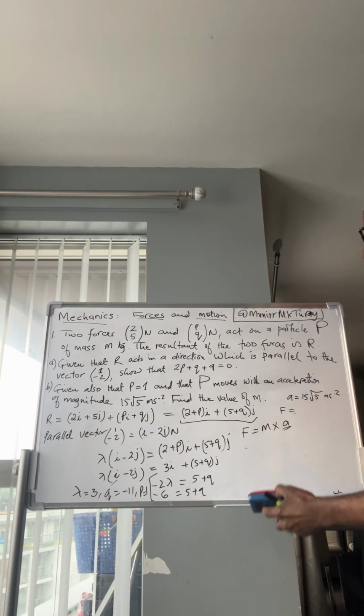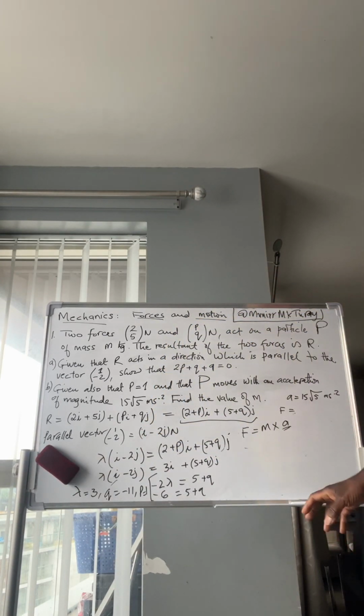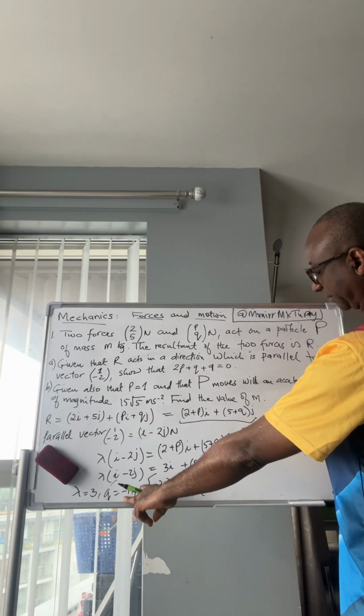So now, what do we need to calculate here? We're asked to find the mass. We know the acceleration. We are trying to find the magnitude of the resultant force. Now we know Q is minus 11.